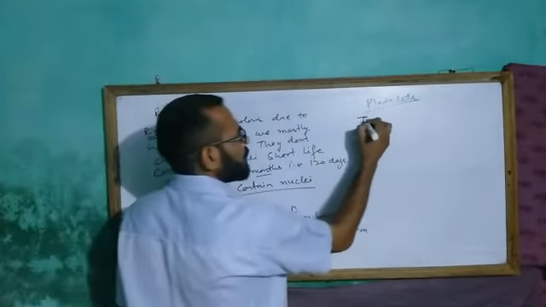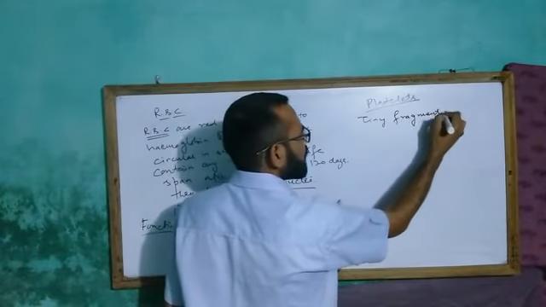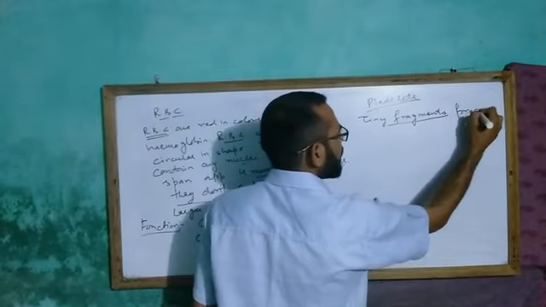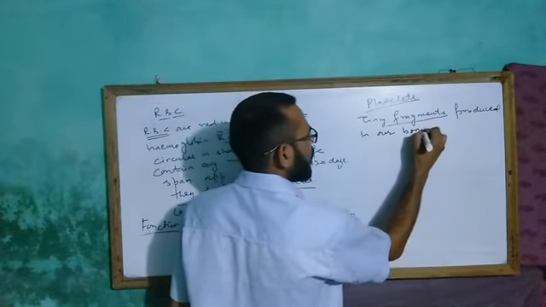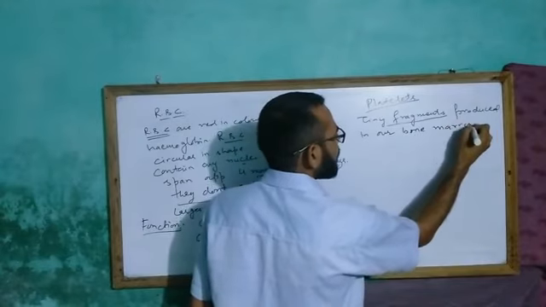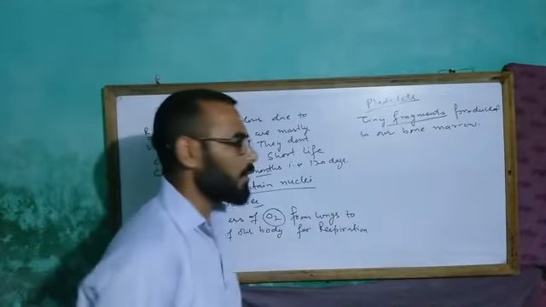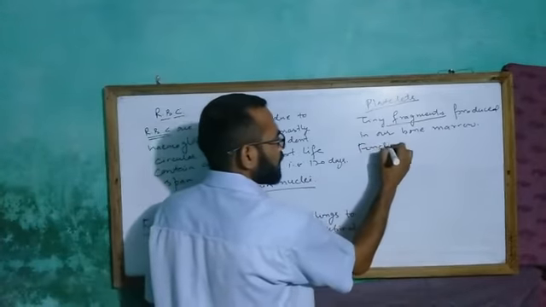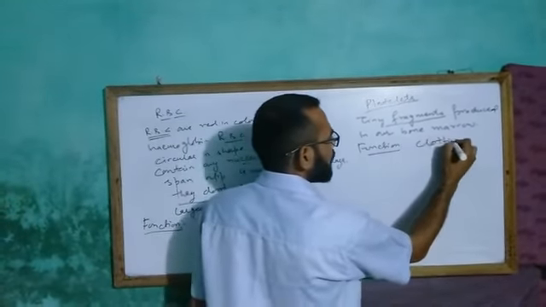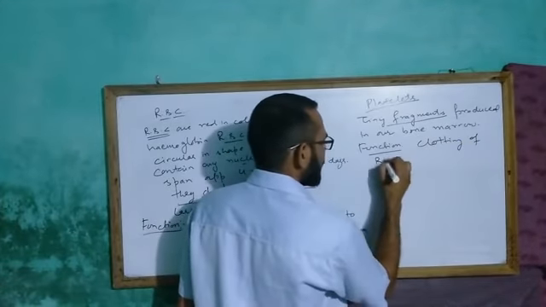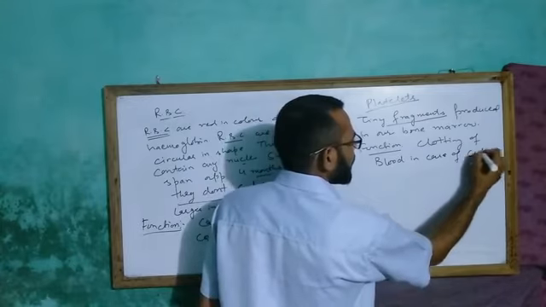These are tiny fragments produced in our bone marrow. The main function of platelets is clotting of blood in case of cut.